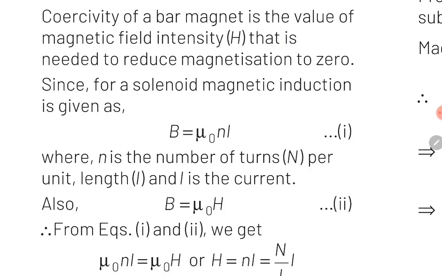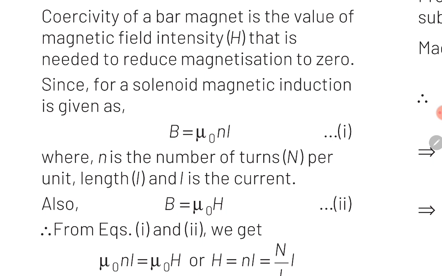Yes students, you can observe here that coercivity is the value of H so that the magnetization of the material becomes equal to 0. Guys, in this question, we are applying this opposite magnetic field with the help of a solenoid, and therefore we'll have to use the formula of magnetic field inside a solenoid. This formula is B is equal to mu naught Ni, where n is the number of turns per unit length.